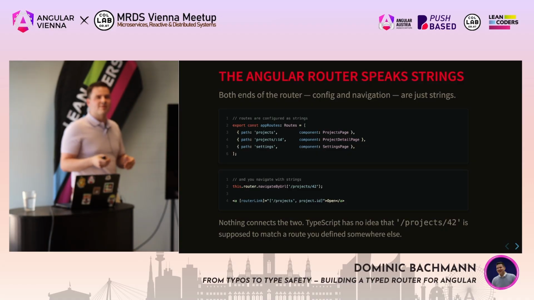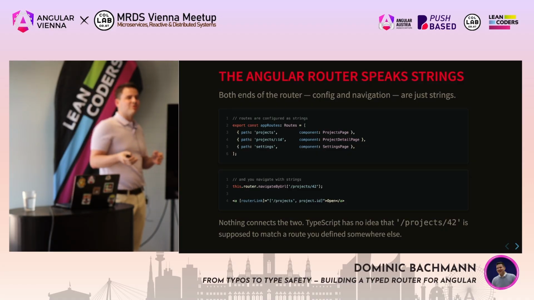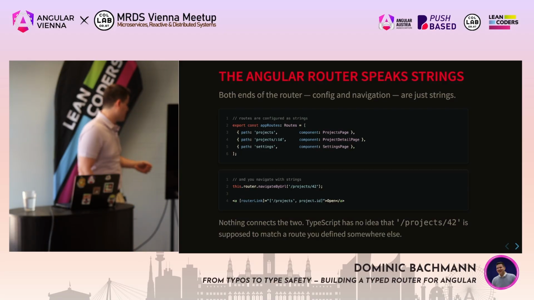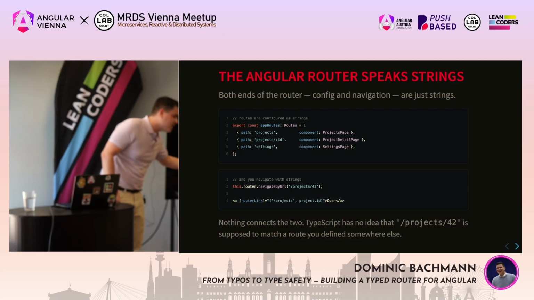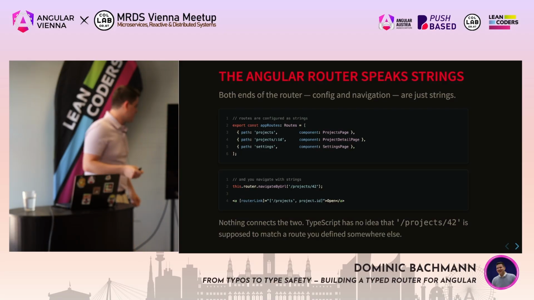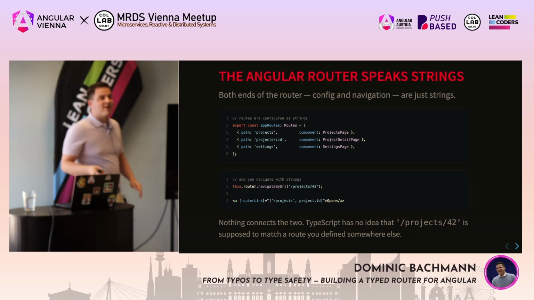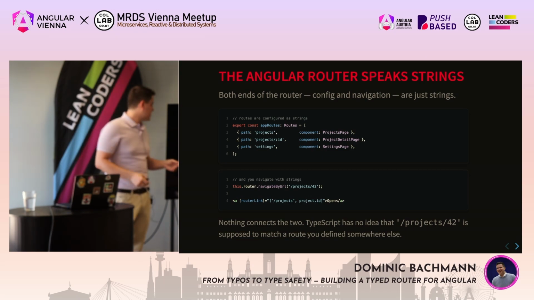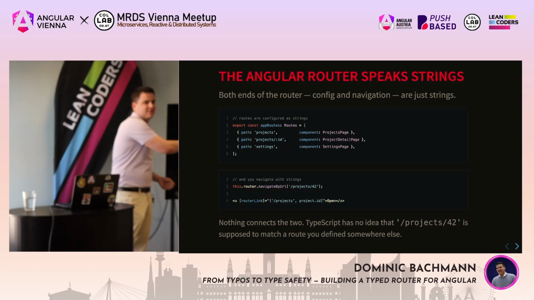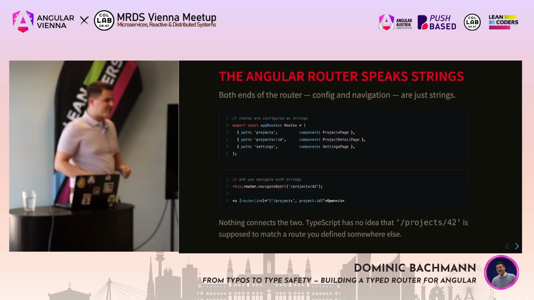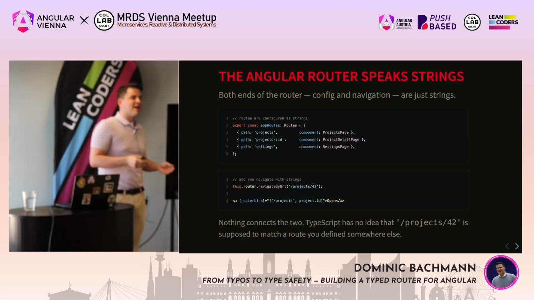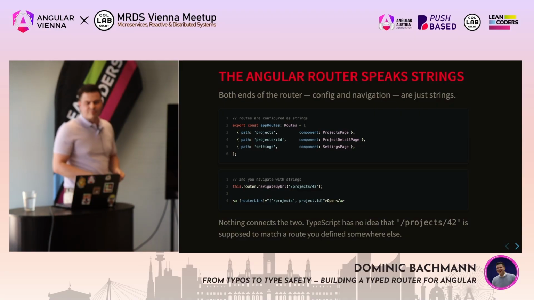And then on the other hand, we somewhere call that we want to navigate to such a page, right? And we do this with router navigateByUrl, router navigate, or with routerLink. And there, this is just strings again, and they are not connected. So it's both just strings. And this can lead to a lot of problems. You can have a typo, the page doesn't work anymore, and you only detect it at runtime.